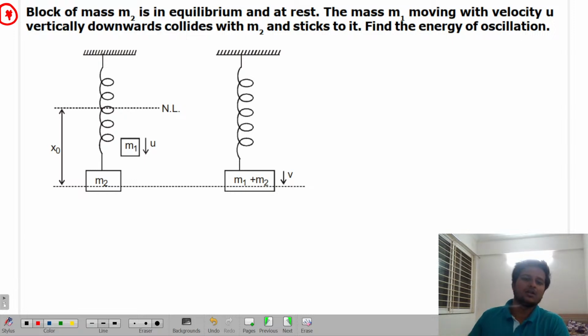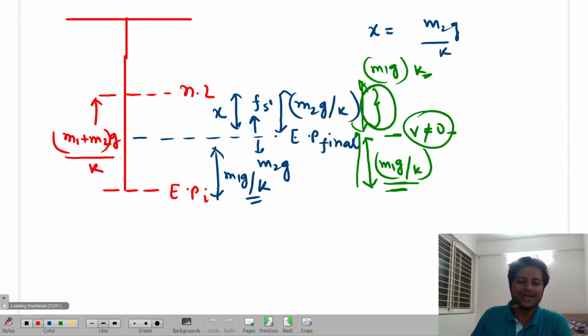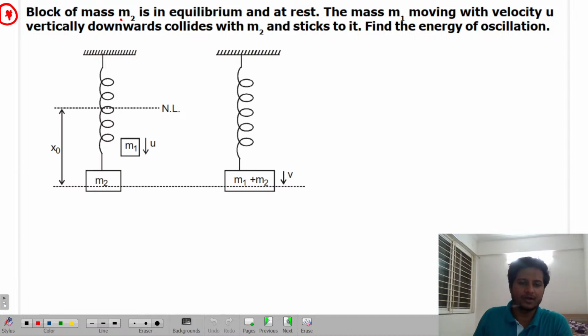See the question. A block of mass m2 is in equilibrium. If it would have been directly added, then the question would have been different. Okay. But here I'm dropping this mass with some kind of velocity. That's the biggest point.